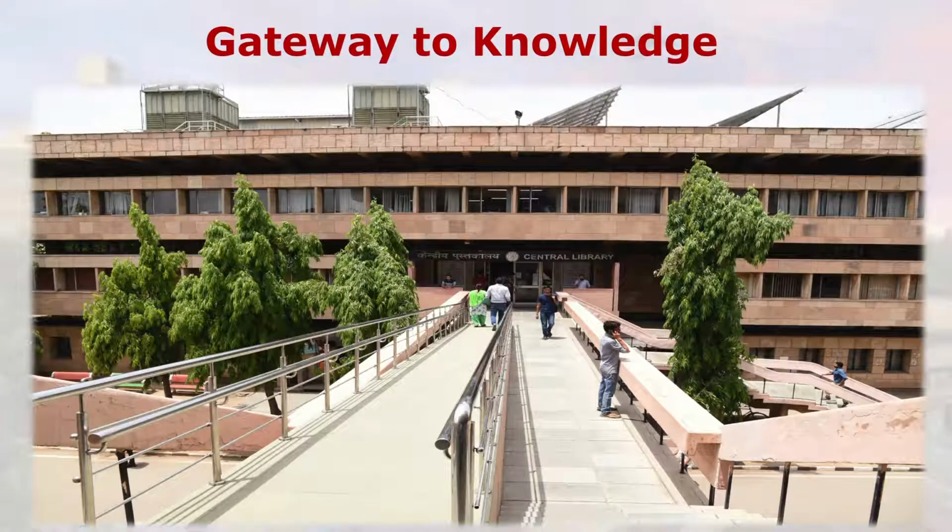Our library is centrally air conditioned with a seating capacity of 1000 users and remains open throughout the year, 24/7 in normal conditions. We also have very good infrastructure, like comfortable furniture, apart from a computer lab with the most updated computers. This is the building of the central library which you can see on the screen, located centrally in the academic area, which is really a happening place for the whole institution.